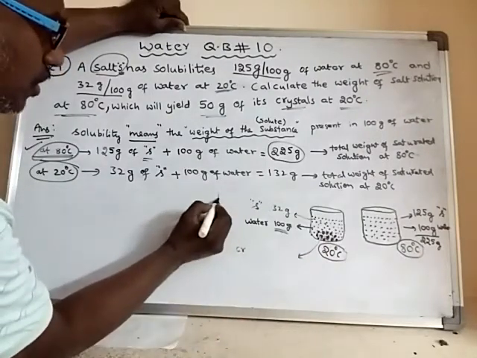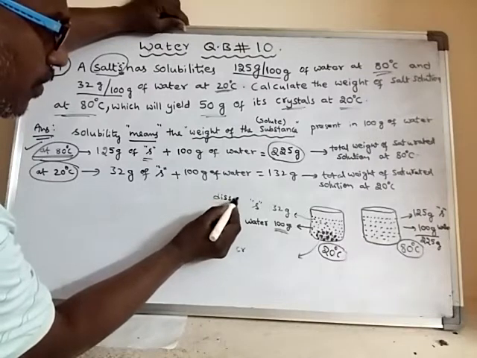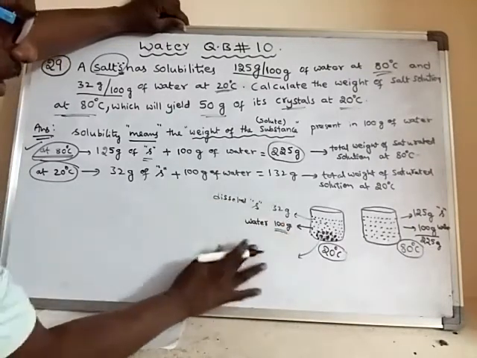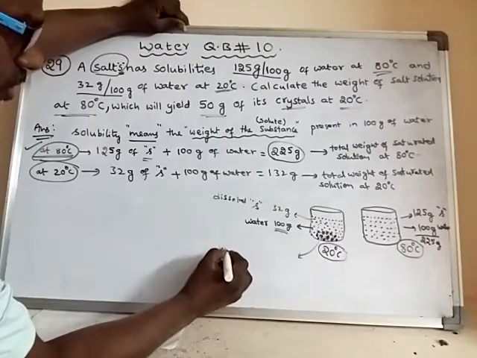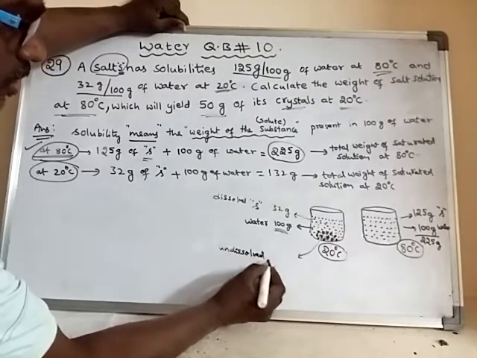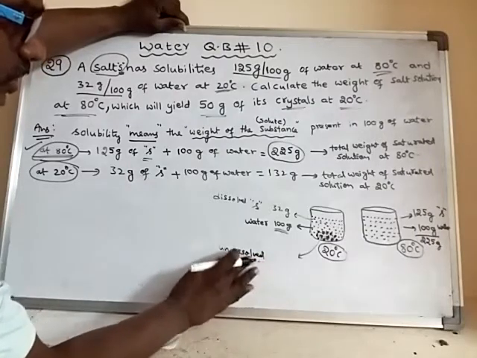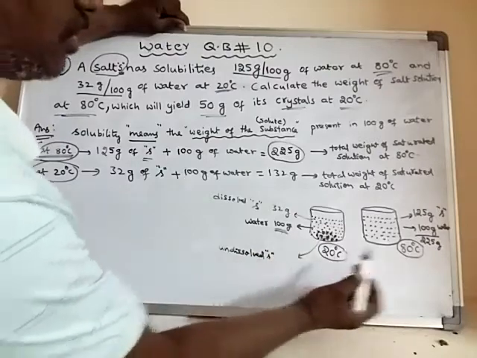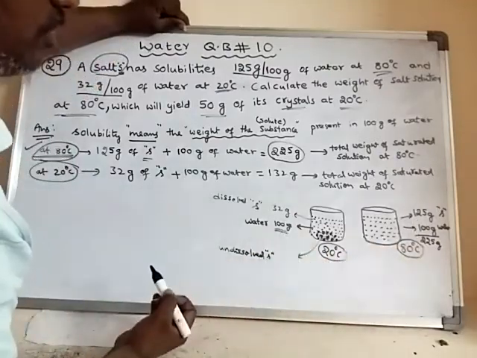So this is called dissolved. Dissolved salt is 32 grams, and undissolved salt S. Undissolved salt, how much will it be? So 125 minus 32.